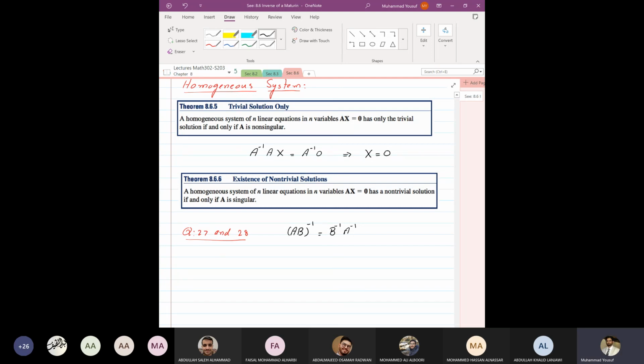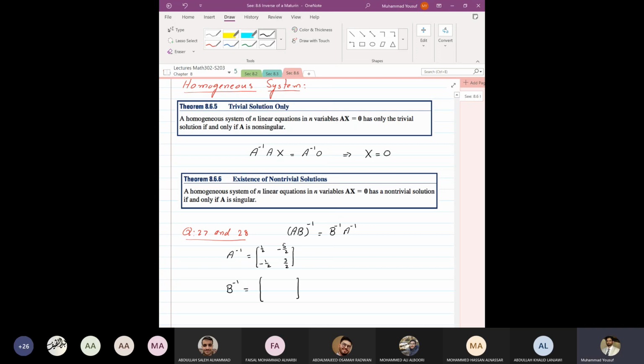So if I show you this, let me do the easy one. 1 over 2, minus 5 over 2, minus 1 over 2 and 3 over 2. This is A inverse, already given.